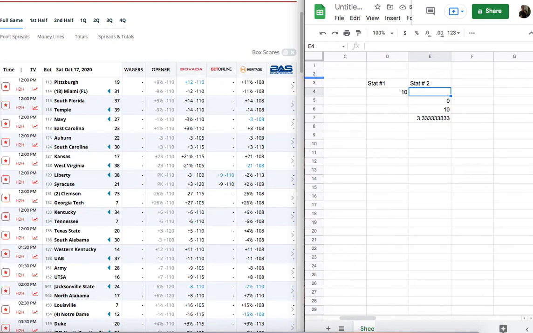However, when I add up the other stat, and this happens a lot with stats, I get 174, right? So that is a very unrealistic number, okay? And you can see what that does to the line. It makes it Liberty minus 22. The actual line is Liberty minus 3, and you can say, well, they won by 17. Yeah, but that's not really a realistic number.